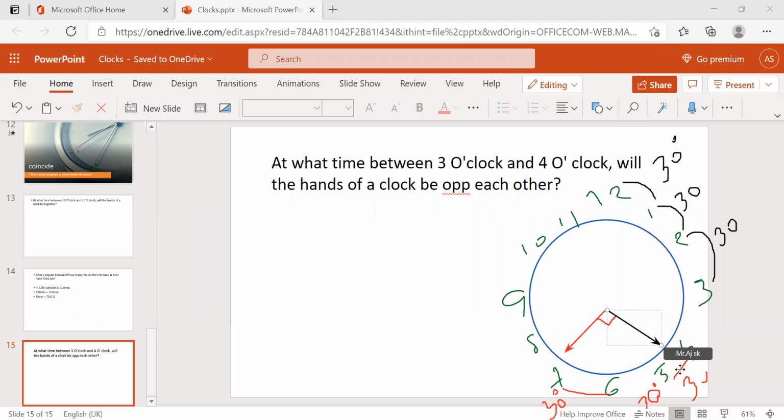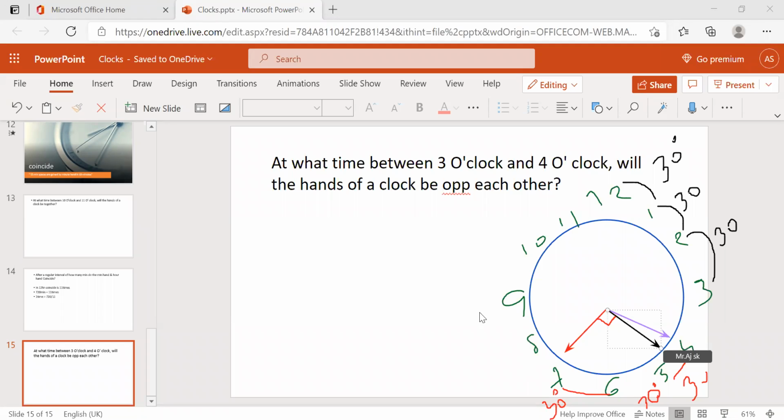But at the time of 4:35, the minute hand will show exactly 7, but the hour hand will not be exactly at 4. It will just move a little. So this is exactly 4. But at the time of 4:35, it lies between 4 and 5.